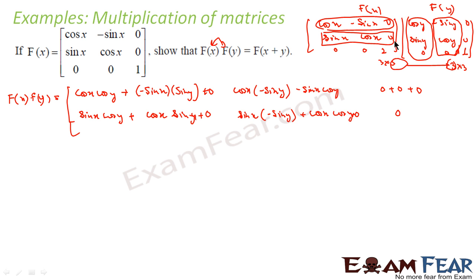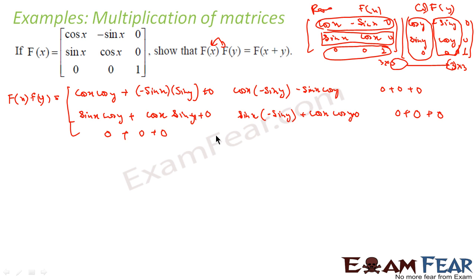This guy will be second row of this and third column of this, f(y). First is row and then we take column. So this is sin x into 0 is 0, plus cos x into 0 is 0, and 0 into 1 is 0. For third, we take third row of this and first column of this. 0 into cos y is 0, 0 into sin y is 0, plus 1 into 0 is 0.